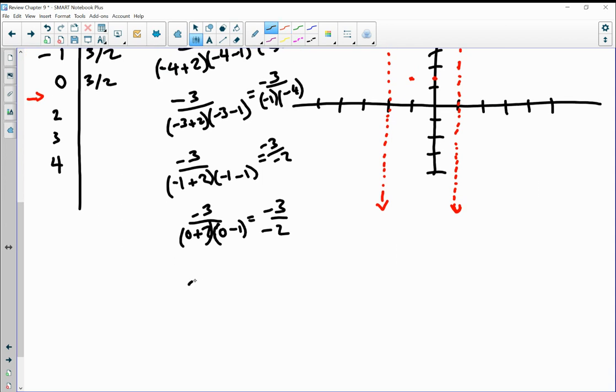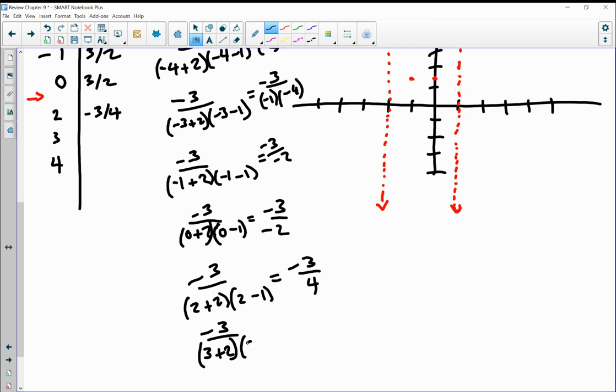2, -3 over 2 plus 2, 2 minus 1. That's 4 times 1, so 4. So -3/4. 3, that's 10, so -3 over 10.